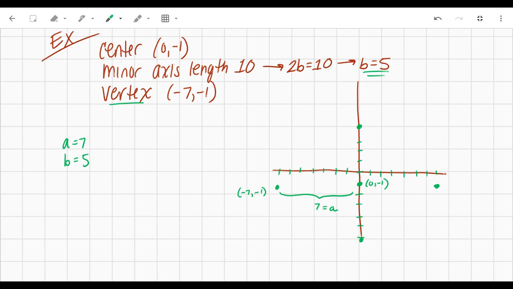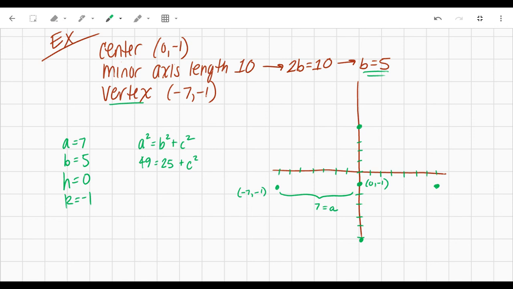So there would be the endpoints of your axes. We know that H is 0 and that K is negative 1 because that's where it's centered. And then we know that A squared equals B squared plus C squared. So 49 is 25 plus C squared. So C squared.